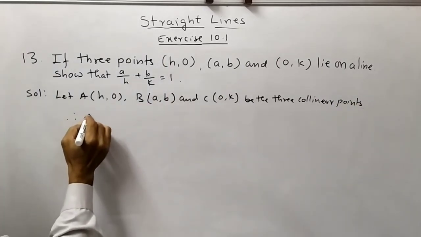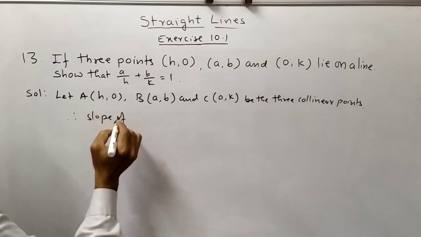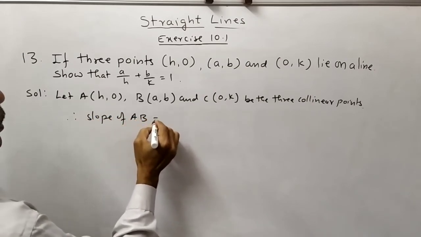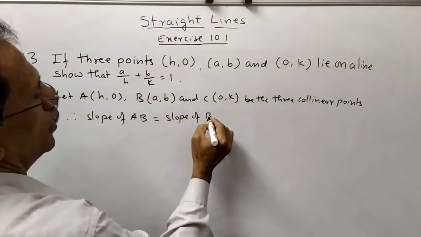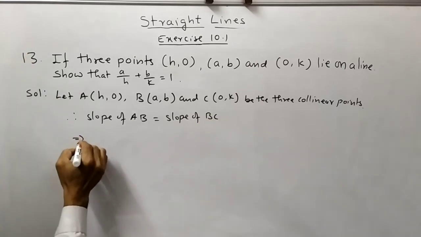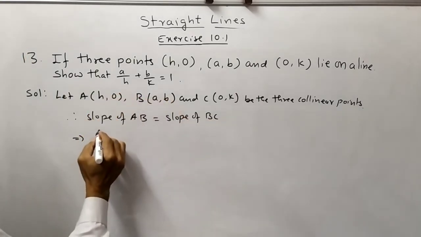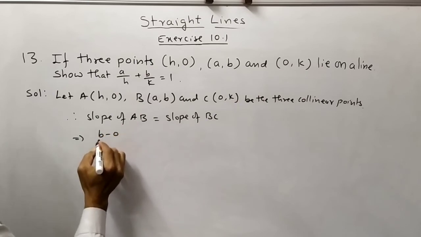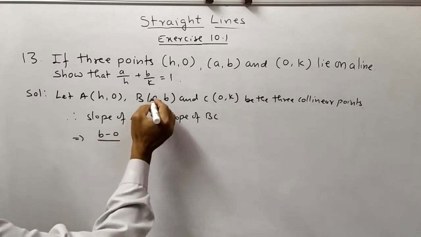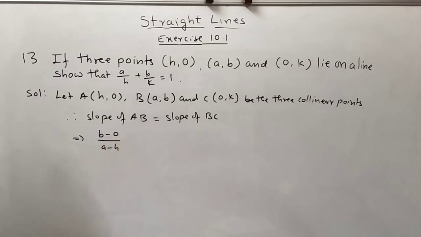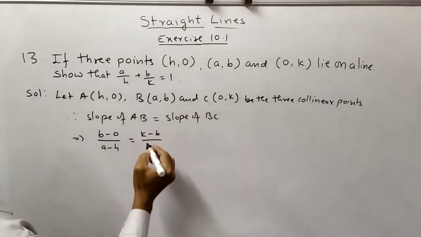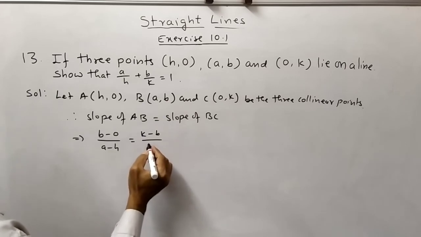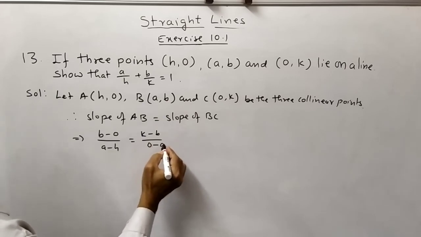Therefore, slope of AB is equal to slope of BC. This implies b minus 0 divided by a minus h is equal to k minus b divided by 0 minus a.